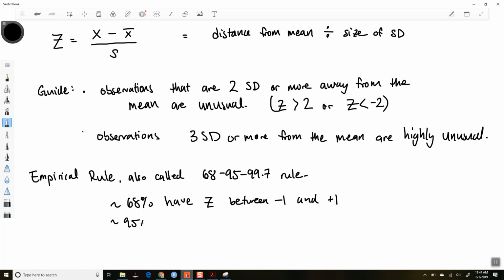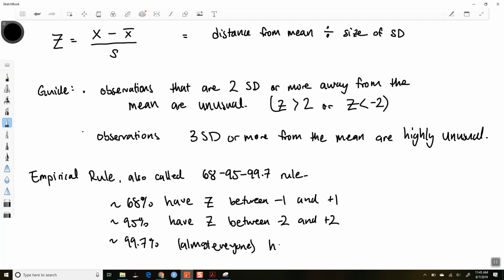Around 95% have z between -2 and +2, and around 99.7%, so almost everyone, have z between -3 and 3.